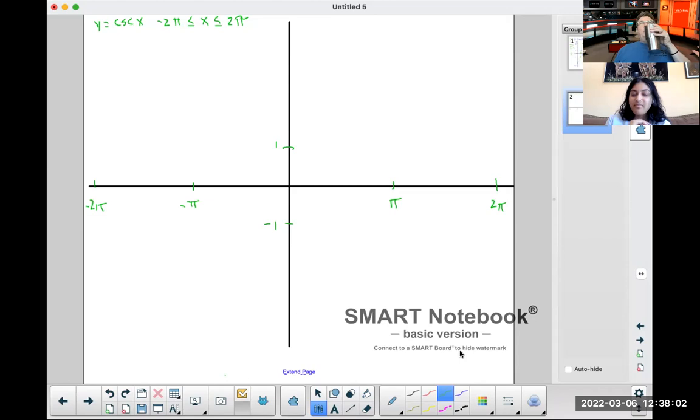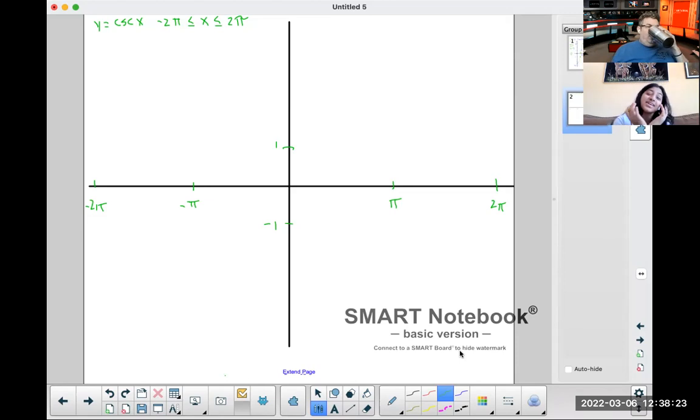When would cosecant be undefined? Let me rephrase that. Forget about your unit circle. Cosecant is 1 over sine, right? So it's a rational function in a way, meaning it's a fraction.